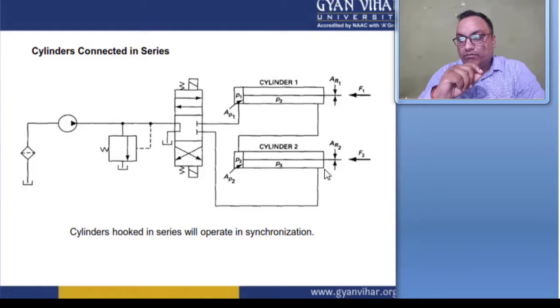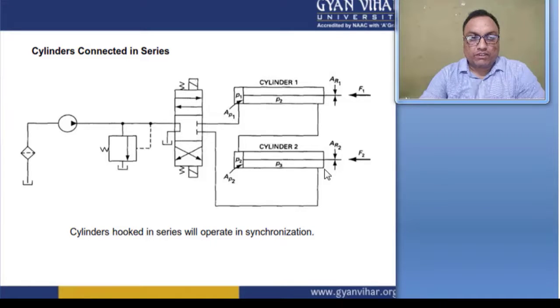One more problem with the flow control synchronization is the maximum lifting force that is achieved. With two identical cylinders positioned in series with each other, it should create a lift force. Lift force means it creates a force, but the creation of force is one by one. First this creates a force, and then this piston creates a force.